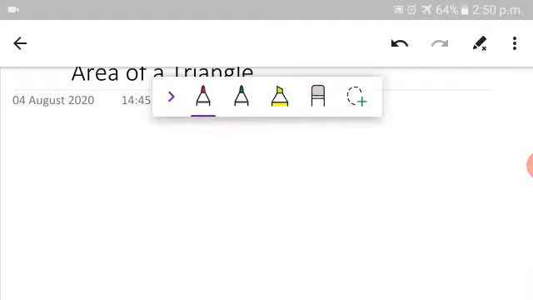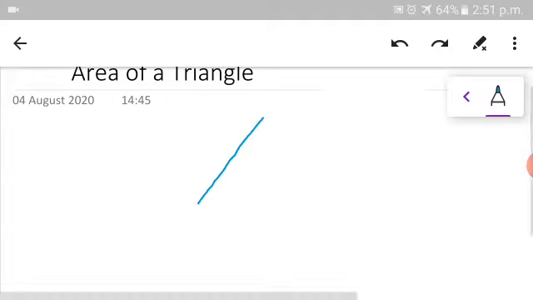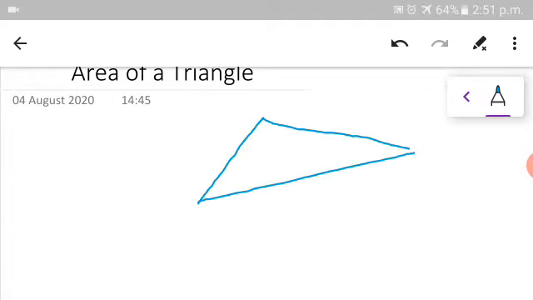If the vertices of a triangle are given, let us say we are having a triangle ABC. This is A and the coordinates of A are x1 comma y1.